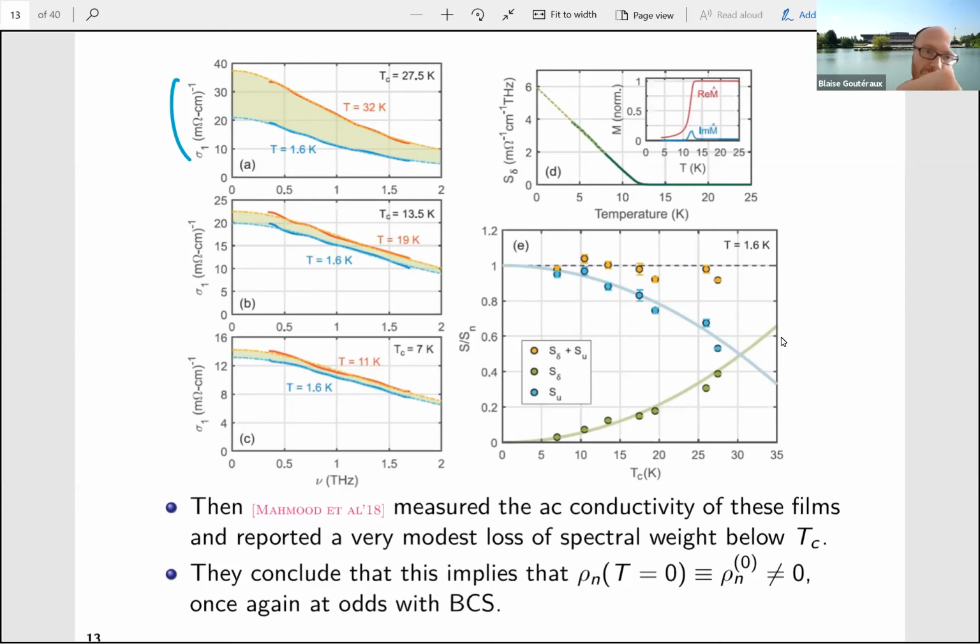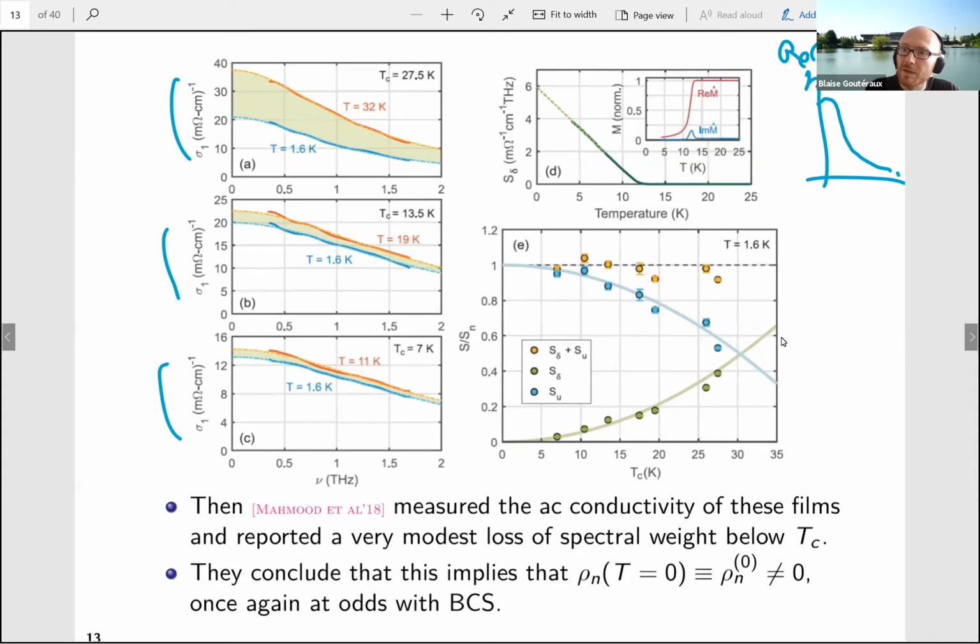But here, these plots show the real part of the conductivity, where you would normally see the Drude peak. The Drude peak of an ordinary metal would be something like this: this would be the real part of sigma, and this would be frequency. You would expect the complex conductivity to go like the Drude frequency squared over gamma minus i omega.